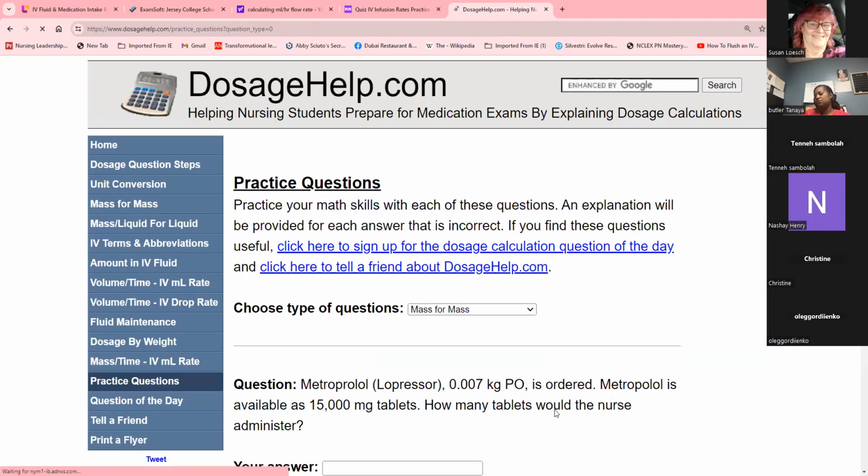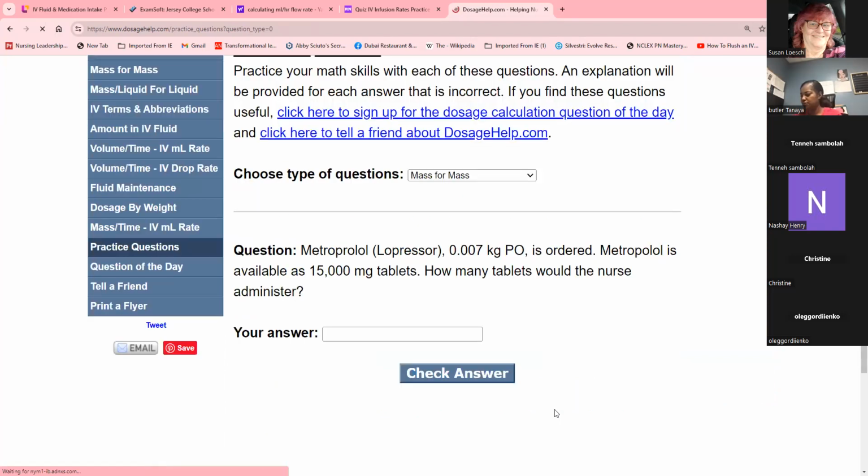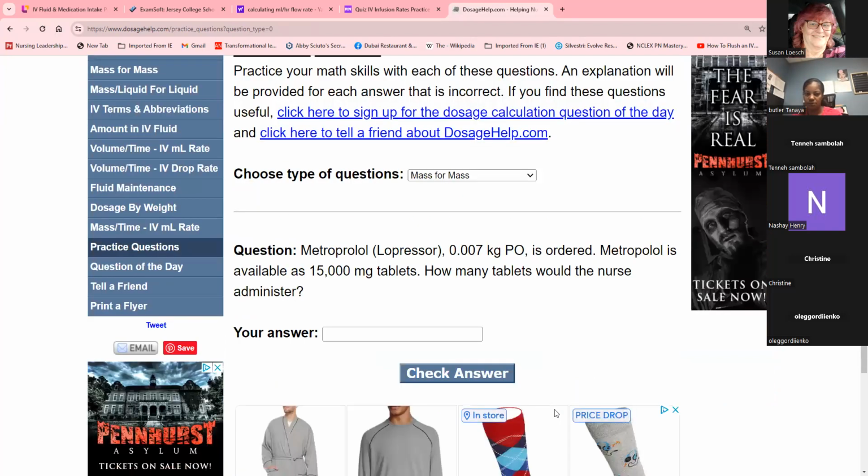Let's try another one. And then we're going to do this with a different type of problem. So now what are we going to do? Kilogram to milligram. If you're going to milligram, are you going to divide your kilograms or are you going to multiply?